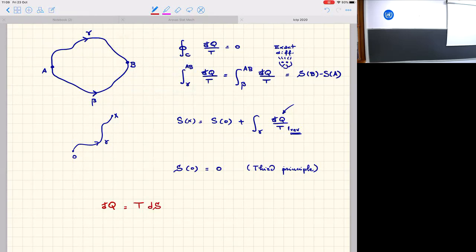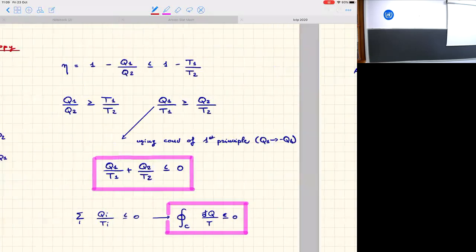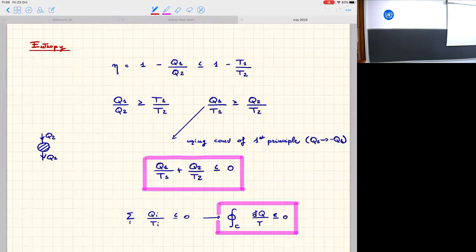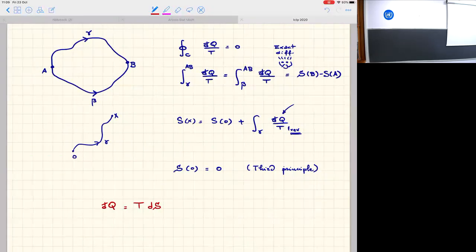And so that's the most important statement. All right, so now this said, let us derive some consequences of this definition.